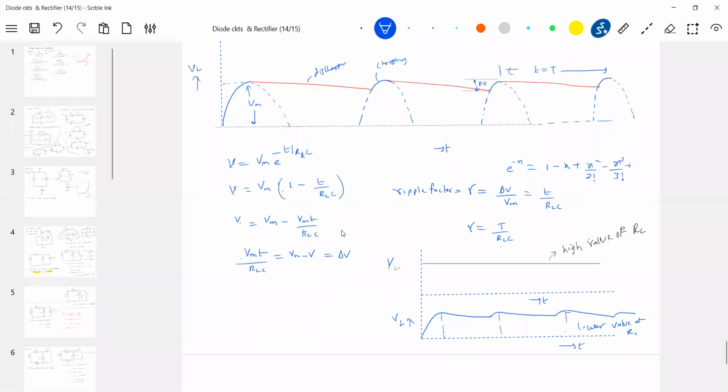So now, to get the required DC voltage, what should I do? Make RL or C large. Then with that, what will happen? We can get the required voltage. This is the required output. Got this?